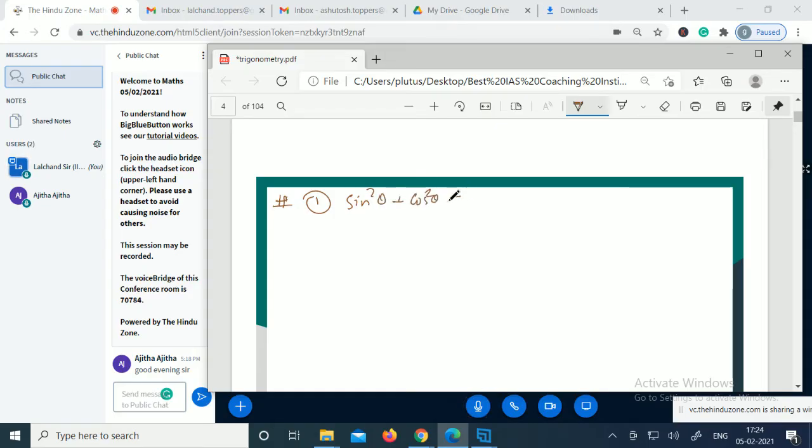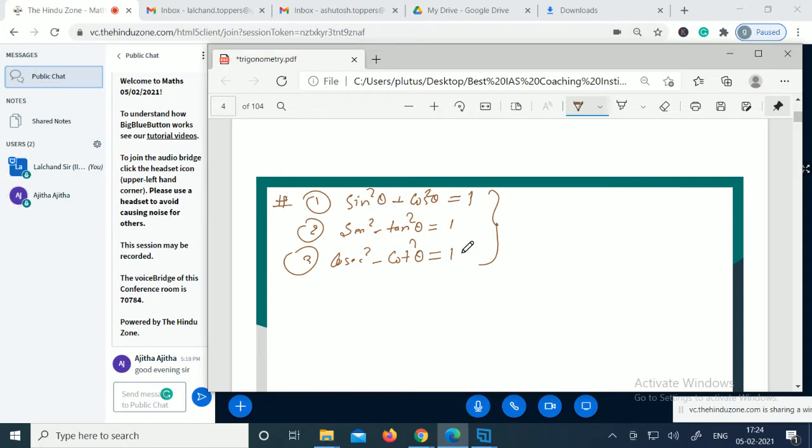You studied it earlier in 10th class. Second is sec square theta minus tan square theta equals 1. And third is cosec square theta minus cot square theta equals 1. These are the three basic identities.